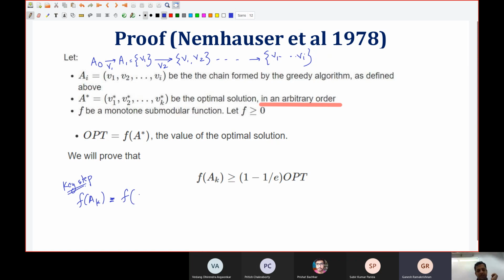So can I write this as, sorry, v given A_{i-1}, which v? So let's say vk given A_{k-1}. So what is that? Vk given A_{k-1} is f of vk union A_{k-1} minus f of A_{k-1}. And then summation, i equals 1.